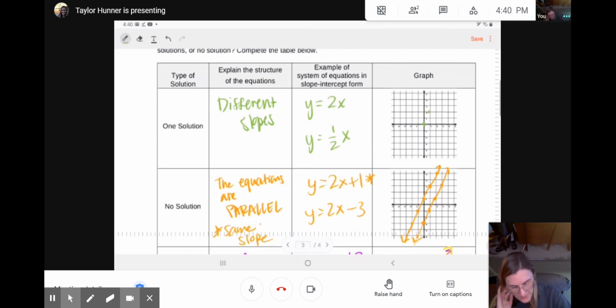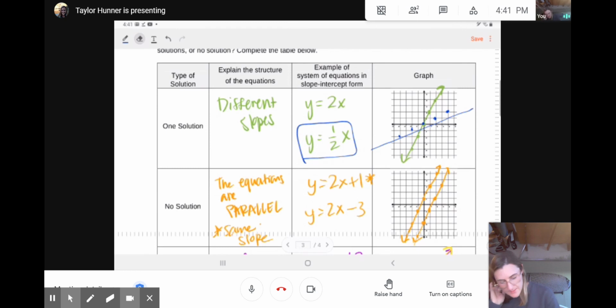But if I go up 2 over 1, up 2 over 1, or down 2 in the other direction, that's one equation. And my other equation is y equals half x. So again, I still start at the same y-intercept, but I go up 1 over 2, up 1 over 2, or down 1 and run 2.